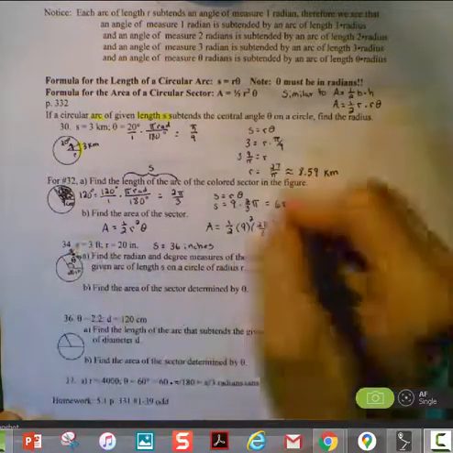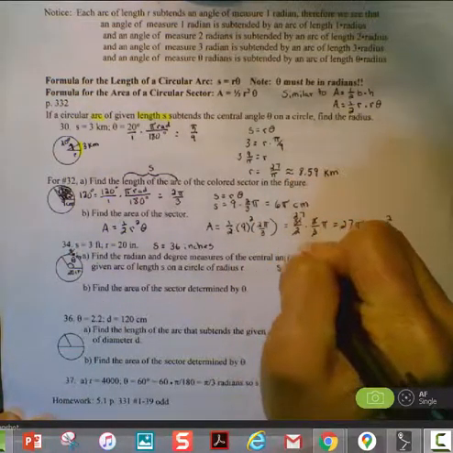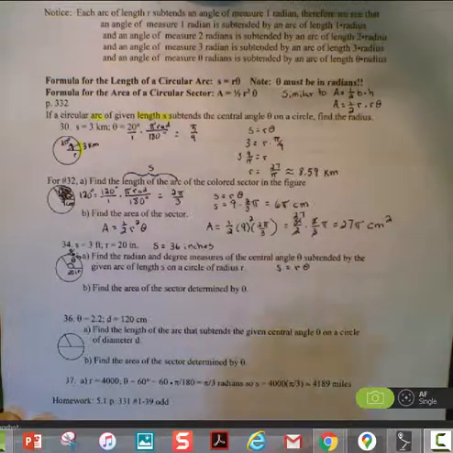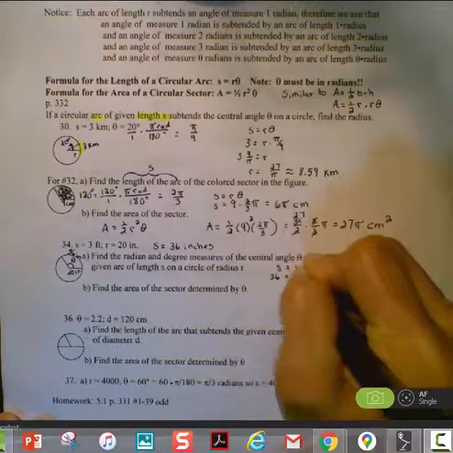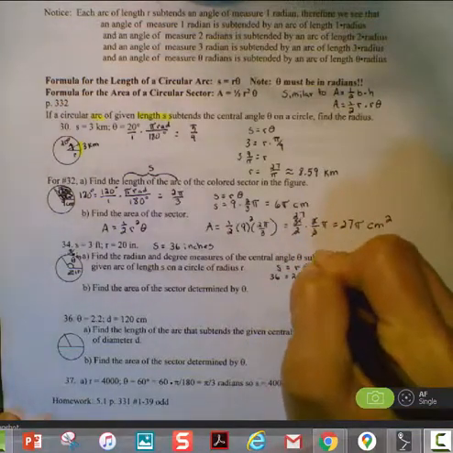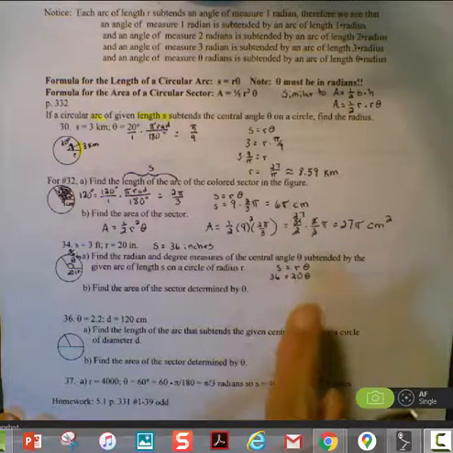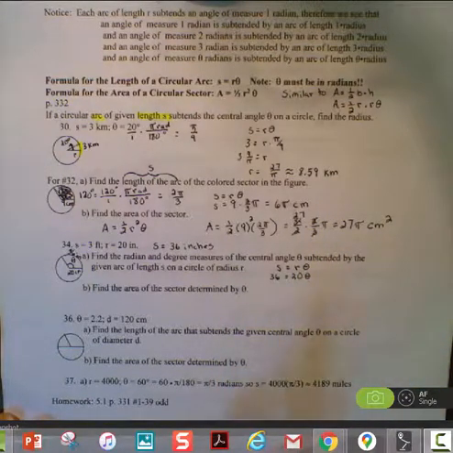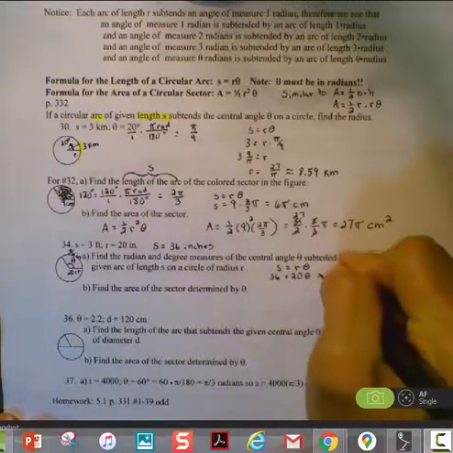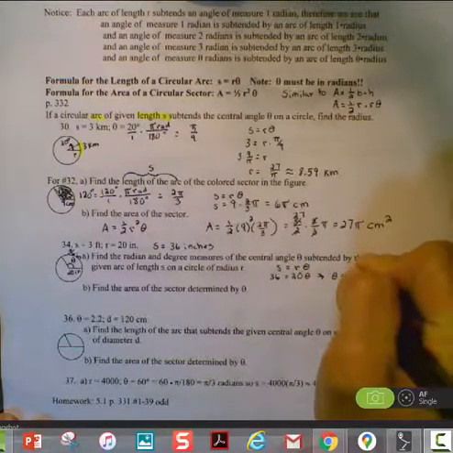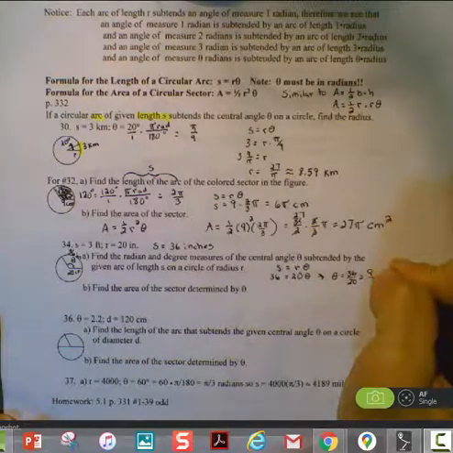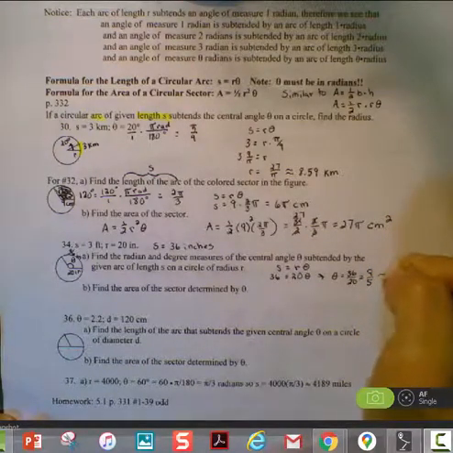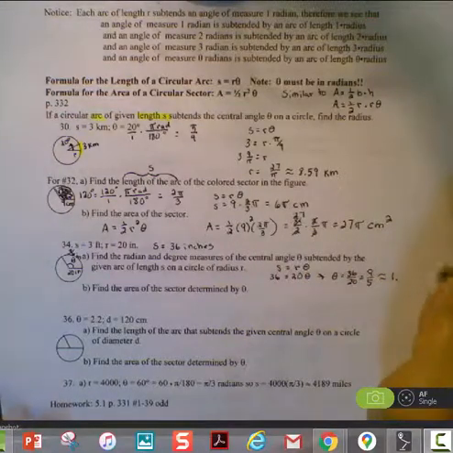If we substitute what we know into the formula, S equals R theta, we'll have 36 inches equals 20 inches times theta, and when we divide both sides by 20, we'll have theta equals 36 over 20, and that reduces by 4 to 9/5, and that as a decimal is 1.8.